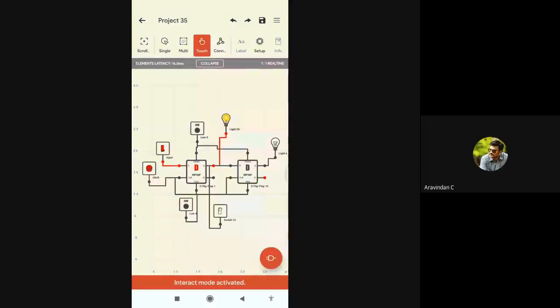I'll show the circuit of serial and the other circuit which I didn't do. I'll stop sharing on the mobile phone.